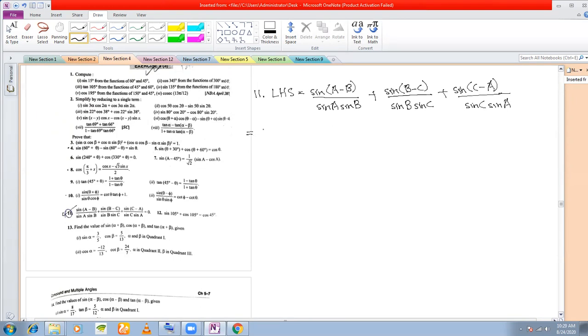Now you know the formula for sine A minus B, the compound angle formula: sine A cos B minus cos A sine B, divided by sine A sine B.